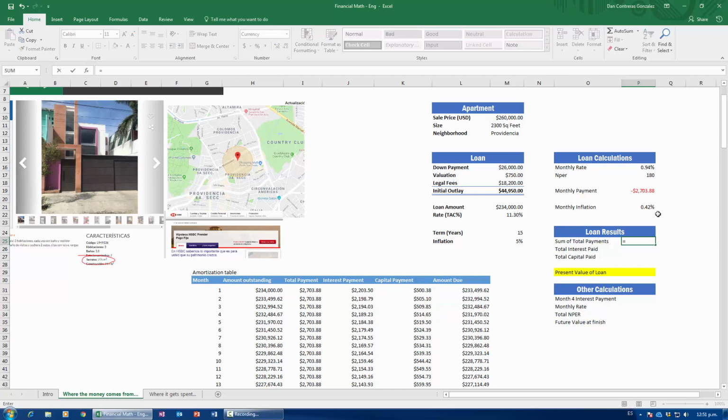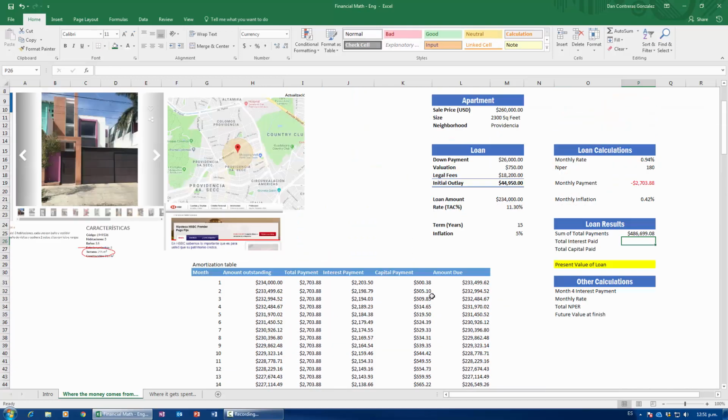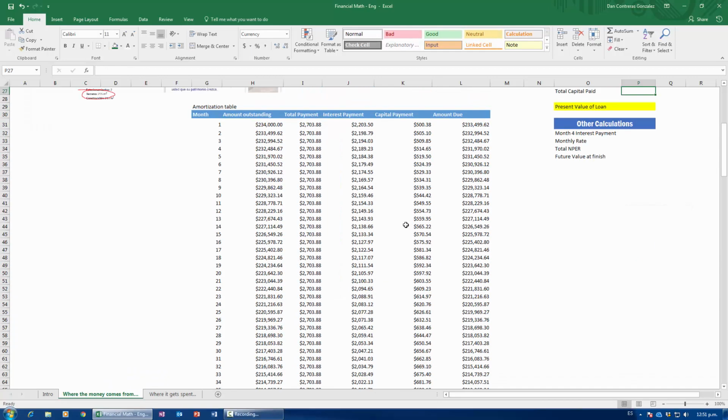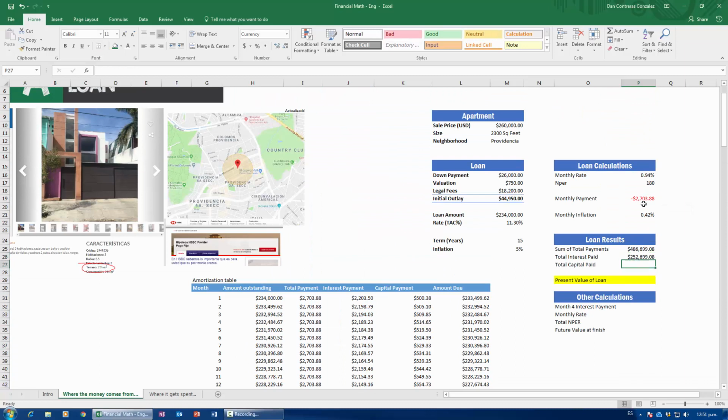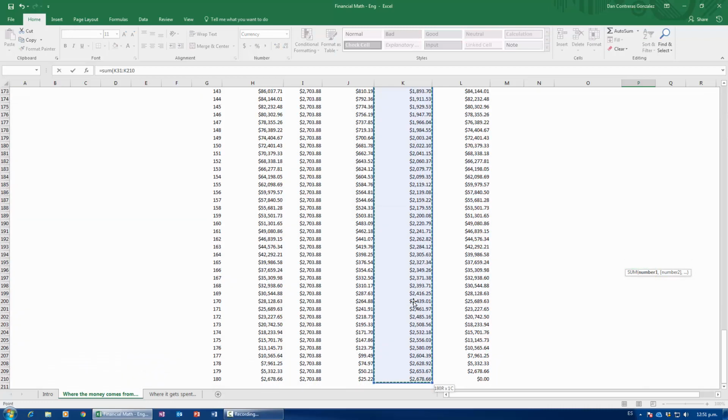Now, the sum of total payments is just going to be the sum of everything right here in the total payment column, all right? So the bank loaned you $234,000, but you're paying back the bank $486,000, all right? And the sum of interest paid is going to be the sum of everything right here in the interest column, all right? Whereas the total capital paid is going to be the sum of everything right here in the capital column.